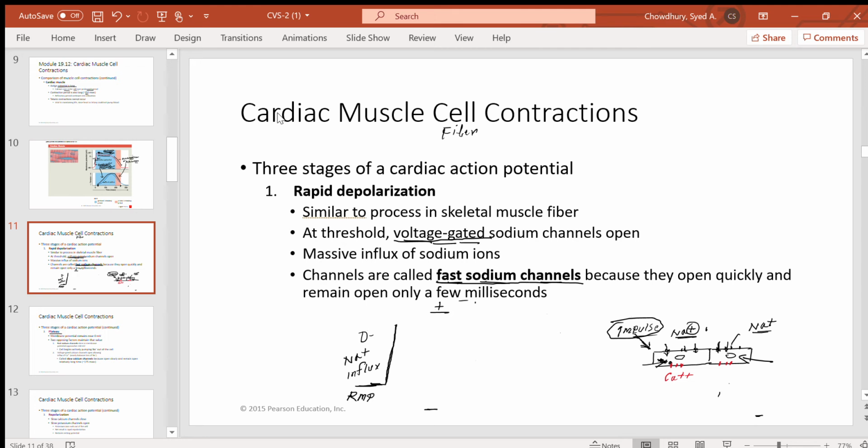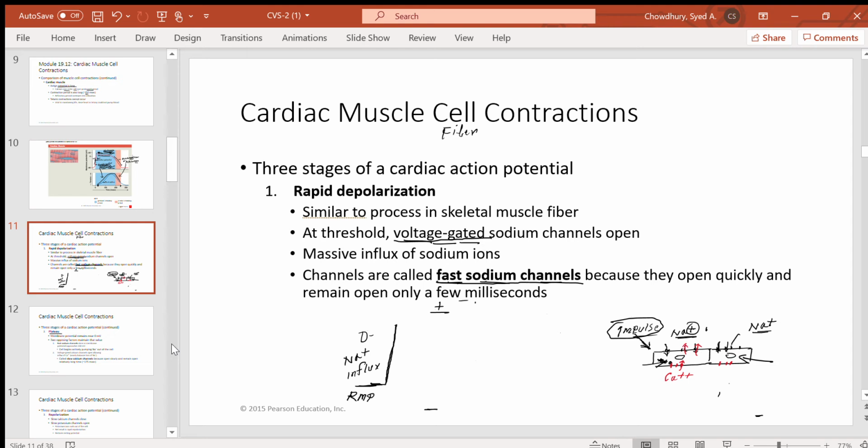So when calcium channels get opened, calcium will get in, and some sodium will be pushed out.